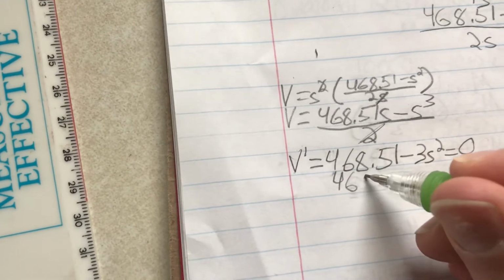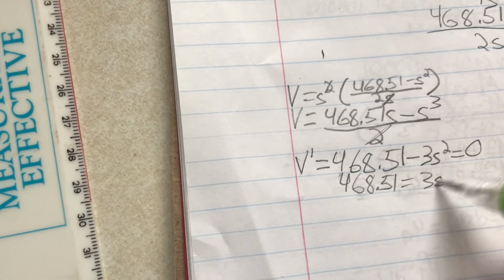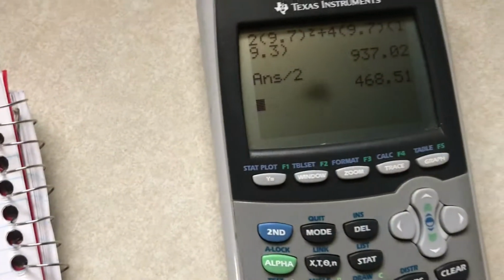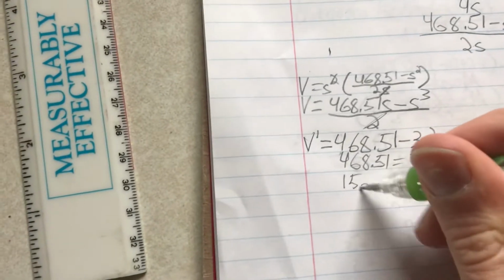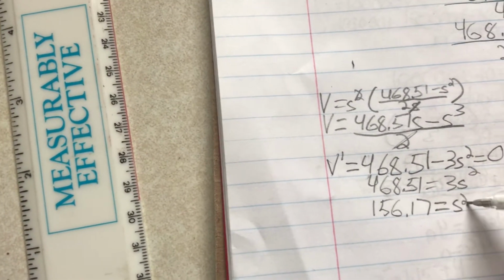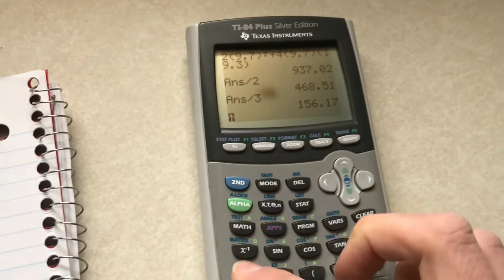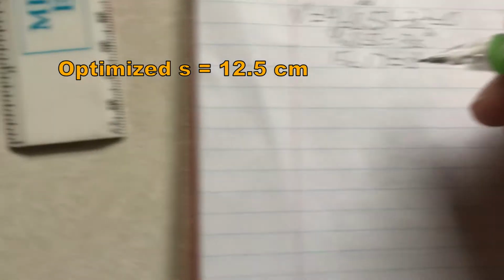We can move that 3s squared to the other side. Divide that number by, oh, my calculator shut off. Divide that number by 3. Get 156.17 equals s squared. And then if we take the square root of that number, we get 12.5.